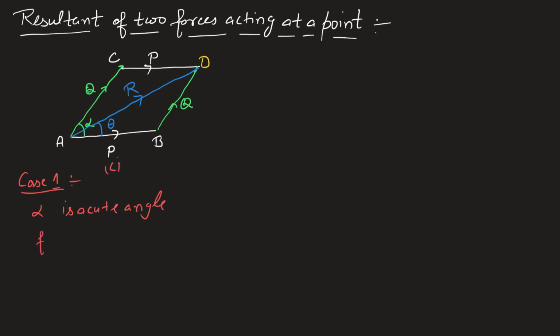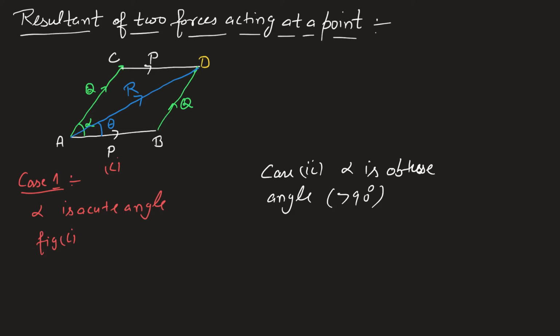Secondly, case number 2, alpha is an obtuse angle, means greater than 90 degree.